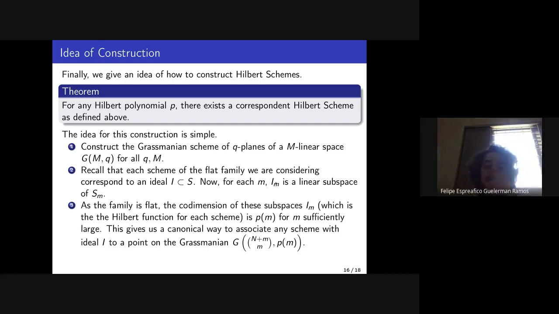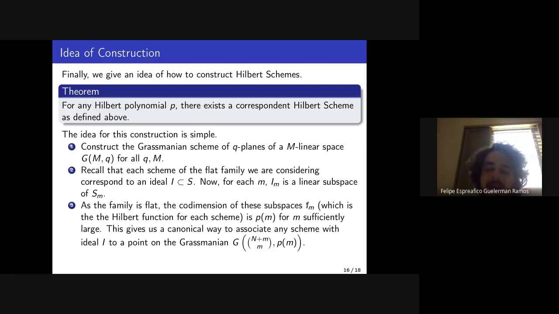And remember that as we have the same Hilbert polynomial for all schemes, this dimension just depends on the Hilbert polynomial, because the Hilbert polynomial is, for each m, the codimension of this ideal.